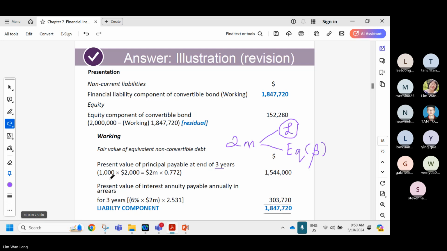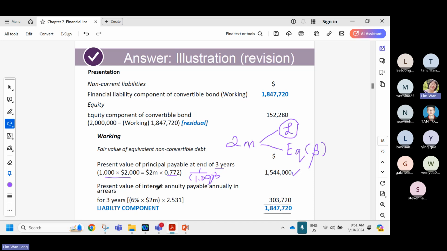This is your 2 million, and remember just now we used 1 over 1.09 power 3, which gives 0.772. You multiply by the face value. This is the present value of the principal sum that you get back 3 years from now, at maturity.